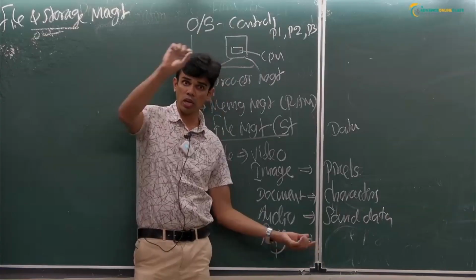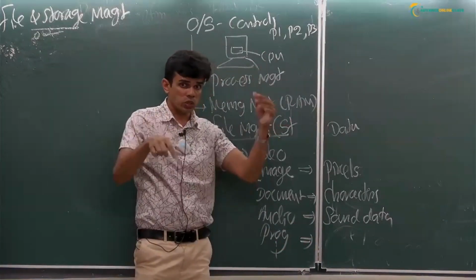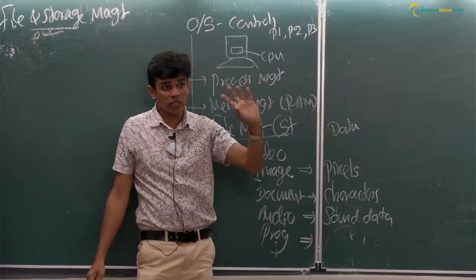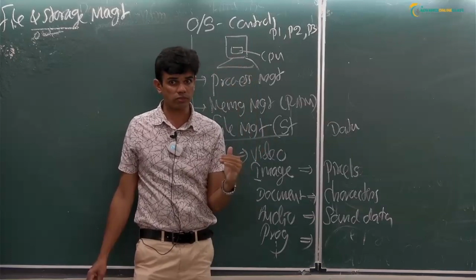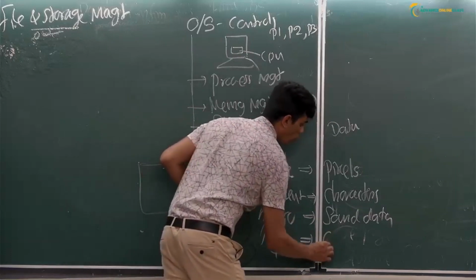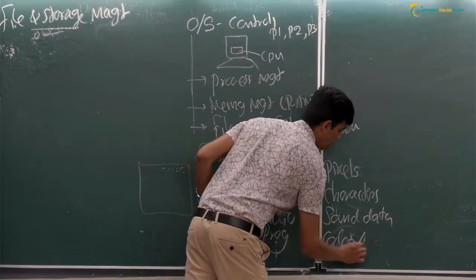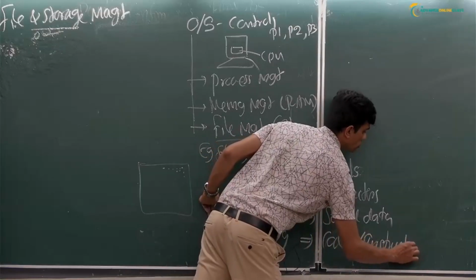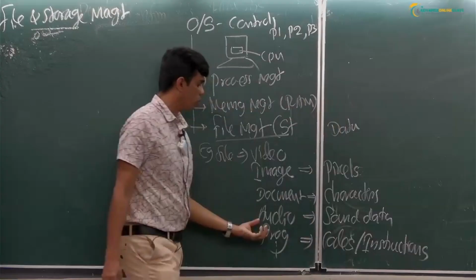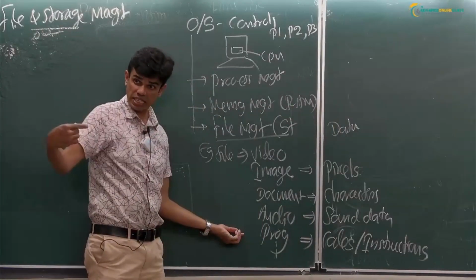When you double click, Zoom will get open. So there we have codes in the form of instructions which are going to be executed one after the other. And these codes or instructions are the ones going to be available in it as the data.